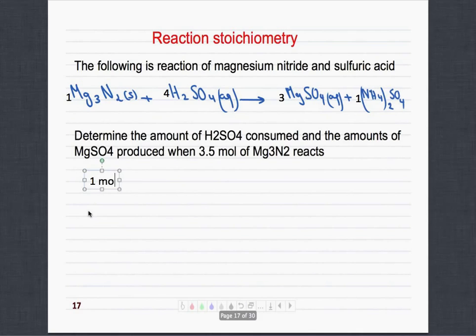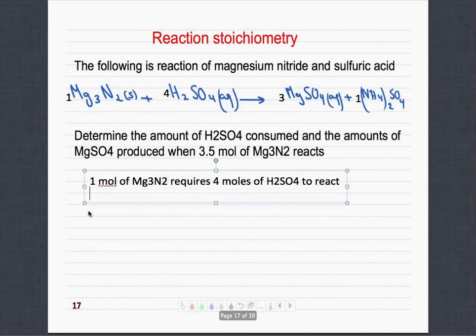I have 4 sulfurs in here. I have sulfur in 2 places: 1 sulfur in this compound and 3 times S, so 3 sulfurs there. So the number of sulfurs is balanced. Now oxygen, I have 4 times 4, 16 oxygens there.